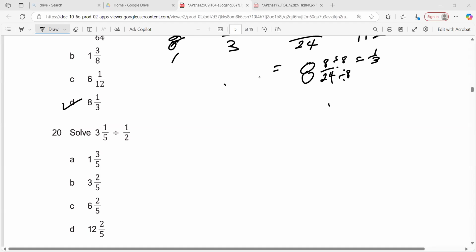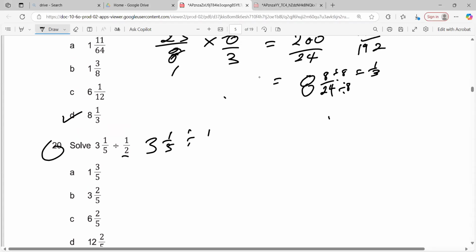Okay. Number 20. This is 3 1/5 divided by 1 1/2. So we're going to first divide them. First we're going to turn 3 and 1/5 into an improper fraction.